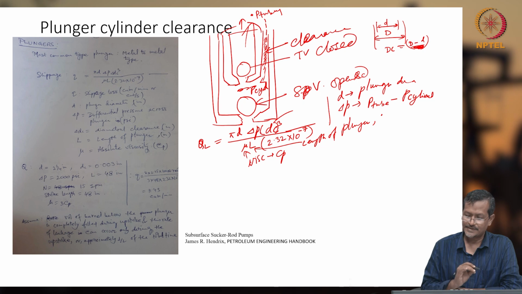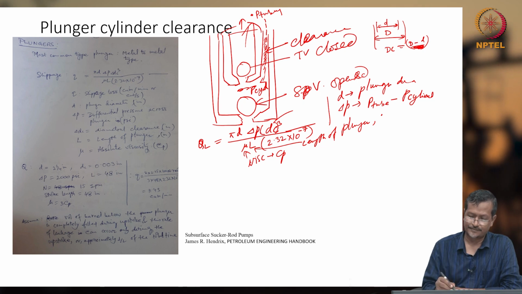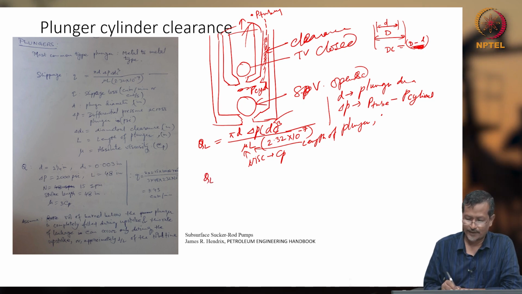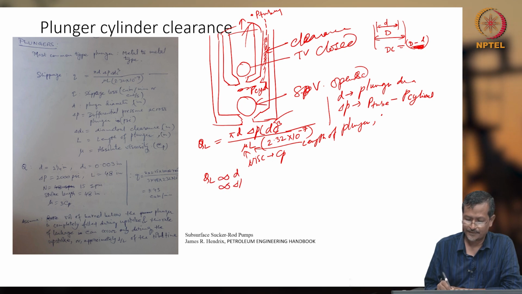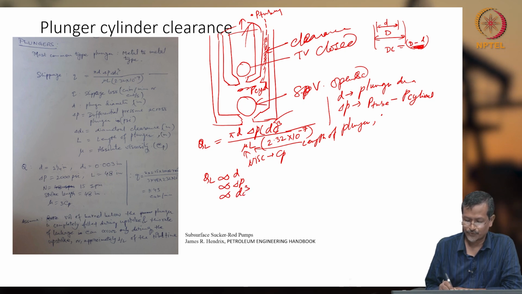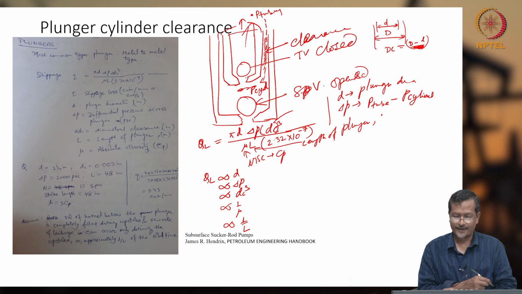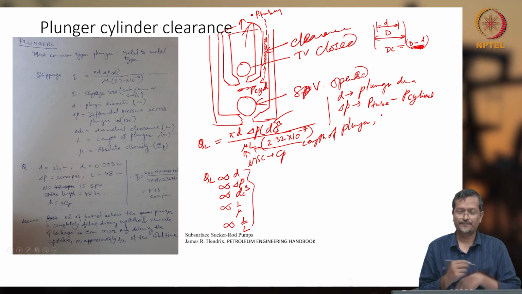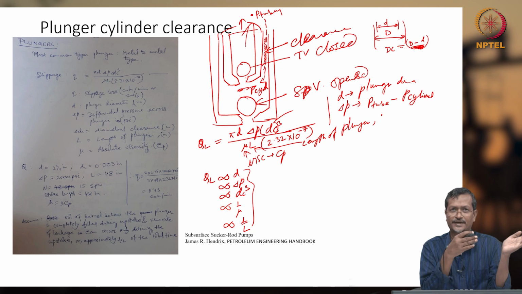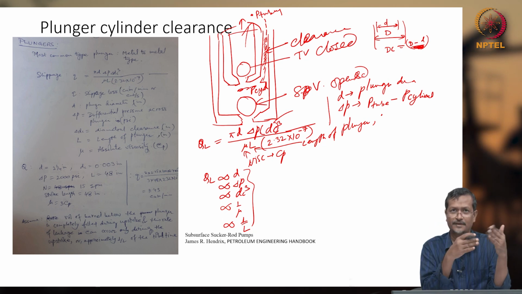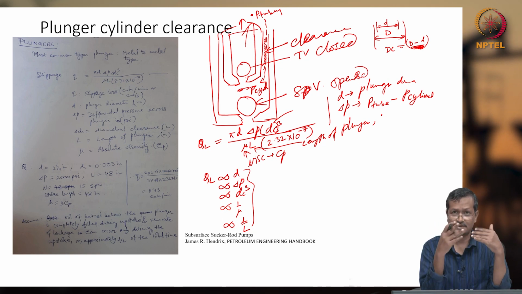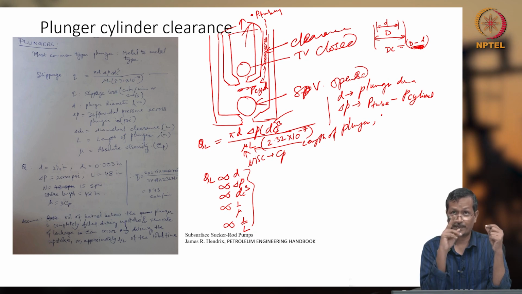Now from this formula we can see that QL is proportional to D, proportional to del P, proportional to DC cube, inversely proportional to mu, and inversely proportional to L. Other things are constant. If I increase diameter, QL increases; if I increase del P, QL increases. If I increase clearance, it goes as a power of three.